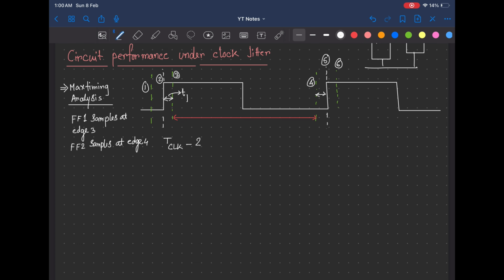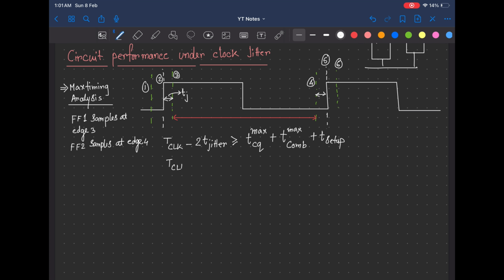So you can write it as T of small j. So T clock minus 2 T jitter is greater than or equal to T clock to Q maximum plus T combinational data logic maximum plus T setup time.